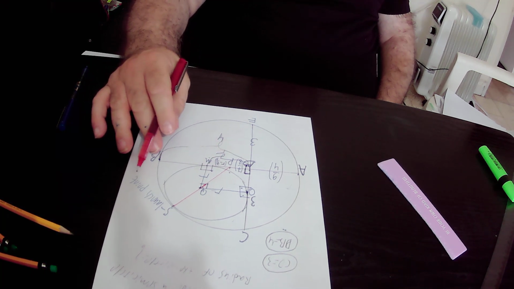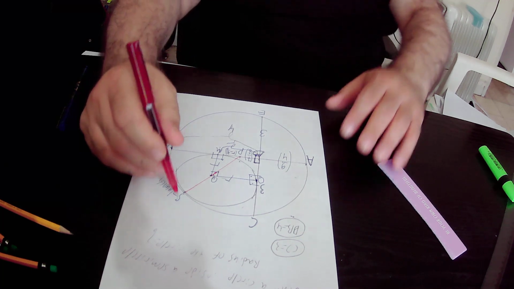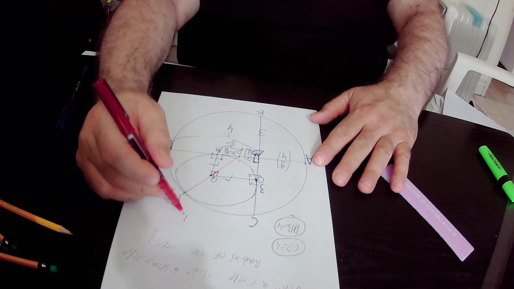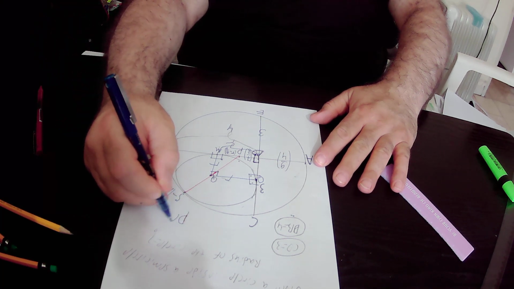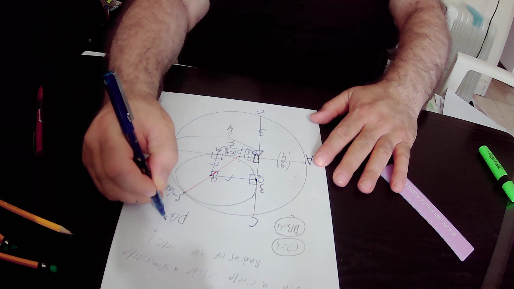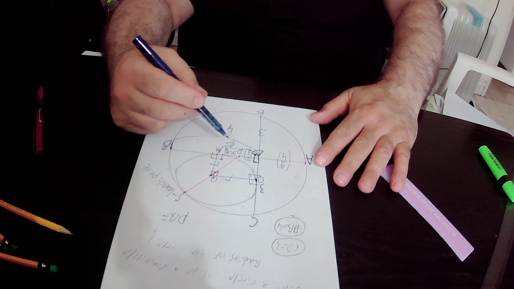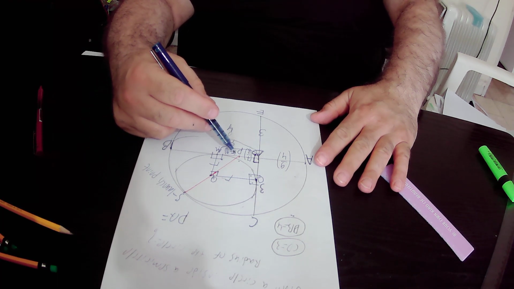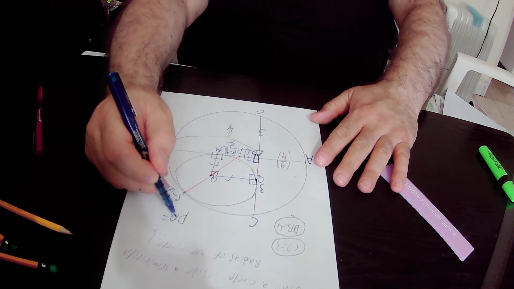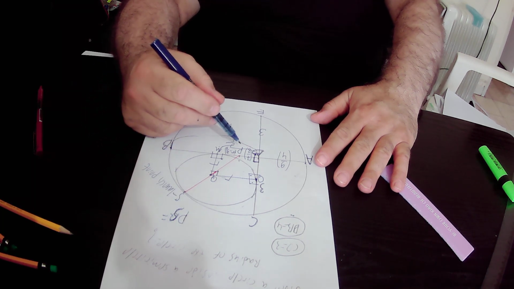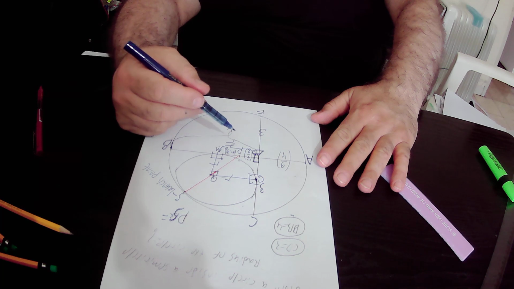And what is the definition of PS? P is the center of the big circle.